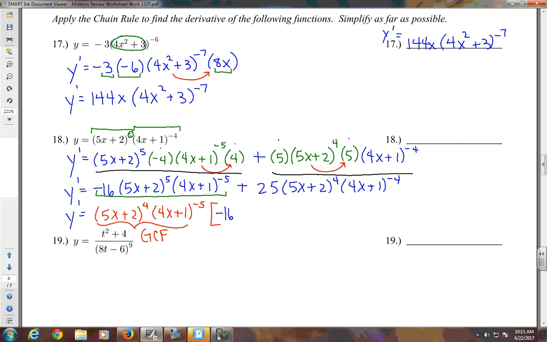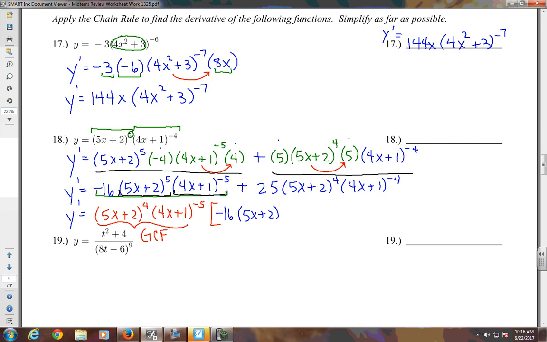Okay, comparing our GCF to this first term again, notice I have a 5x plus 2 to the 5th, and in my GCF I only have 5x plus 2 to the 4th. So I know I'm going to need another 5x plus 2. That way I'll have a total of 5 of those. Comparing my GCF to this last factor, it matches identically, so I don't need to include any more information in this first term.